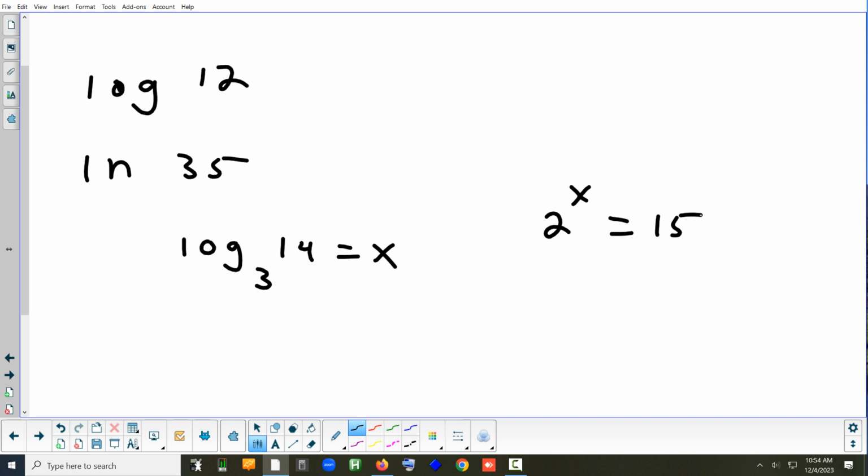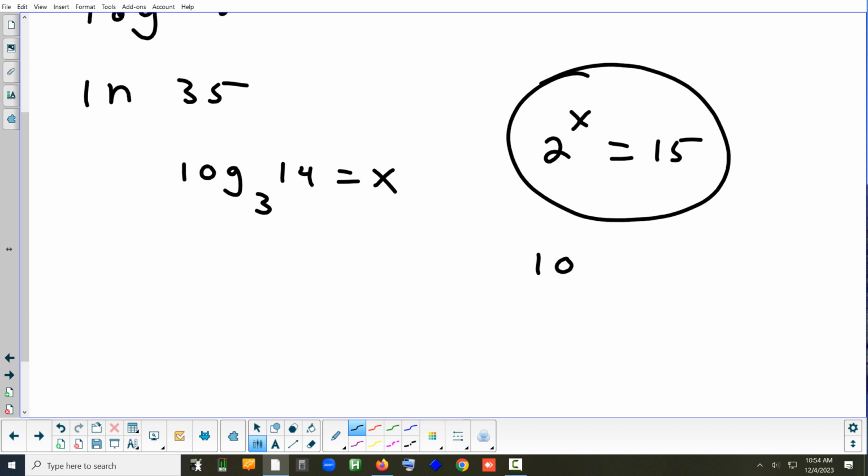The way we're going to have to do it is change this into log form. Okay, well, let's do it. So log. What's my base when I change that exponential equation to a log equation? 2. Yeah, my base is going to be 2. And what did we say last week? A logarithm always equals what kind of number?